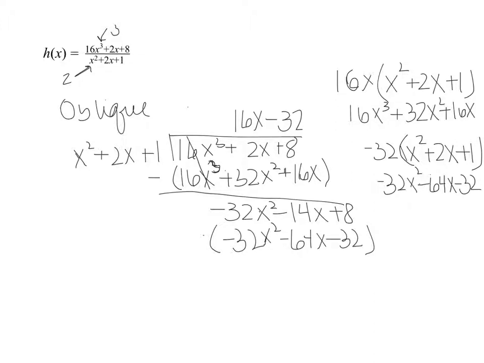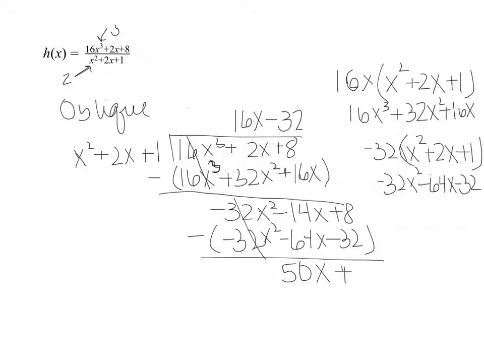And we are subtracting. So negative 32x squared minus a negative 32x squared is going to cancel. Now when I do negative 14x minus a negative 64x, it does change to addition. So I'm doing negative 14 plus 64, which is going to give us 50x. And then I'm doing 8 minus a negative 32, which just change it to addition, and 8 plus 32 is 40.